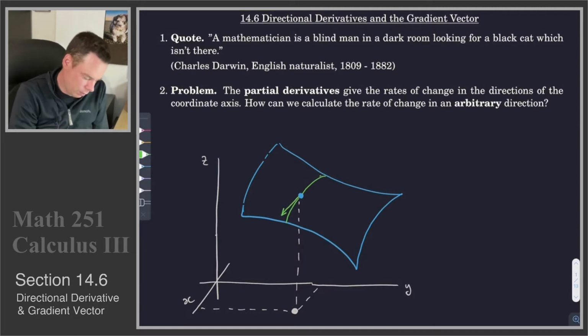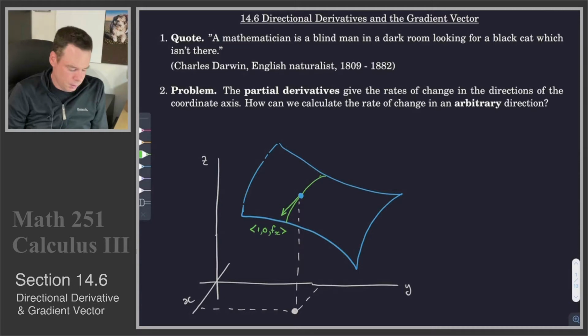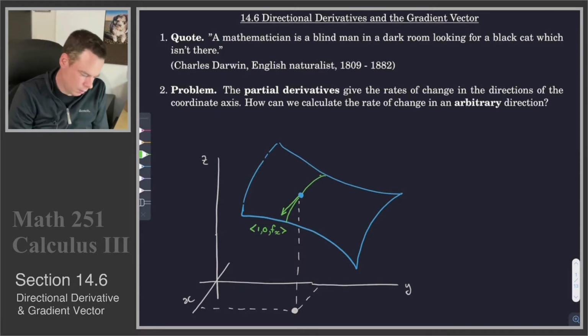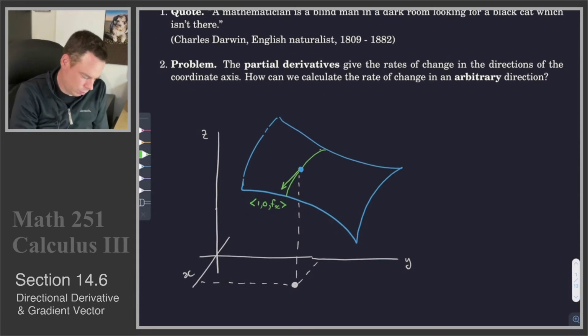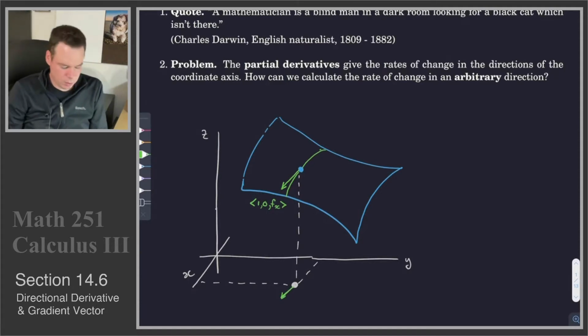That tangent vector had components, so for a unit change in the x direction, the change in the z direction was given by the x partial derivative. So this is really indicating that if we're moving in the x direction from this point in the domain, f sub x tells us how our z value is changing.